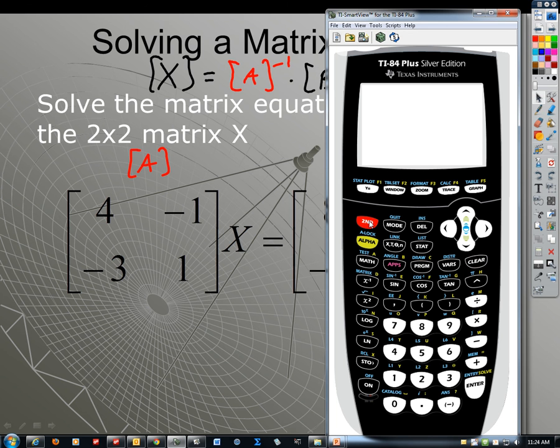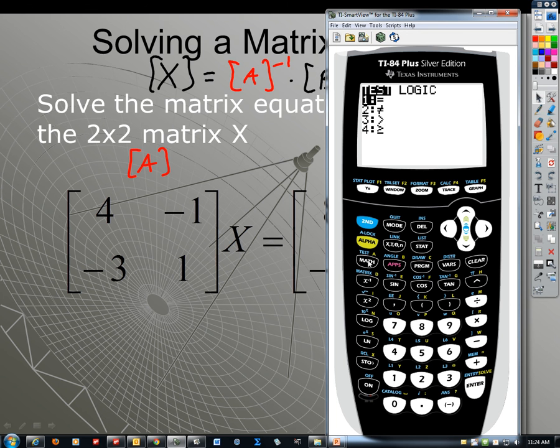So I'll just go second matrix, edit. Matrix A we want to be just a 2 by 2. First row is 4, negative 1. Second row is negative 3, 1. So there's matrix A, right?